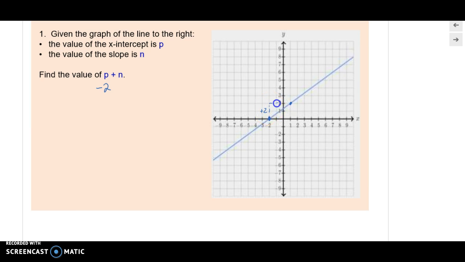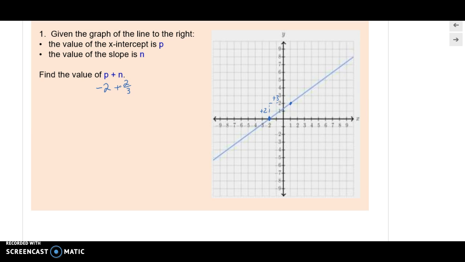And then how much does it go to the right? So 1, 2, 3, plus 3. Now I know it's a positive slope because it moves up and to the right versus down to the right. So again, as we move left to right, that line is definitely going up. So my vertical change is 2, and my horizontal change is 3. So my slope is 2/3. So that's the value of n.